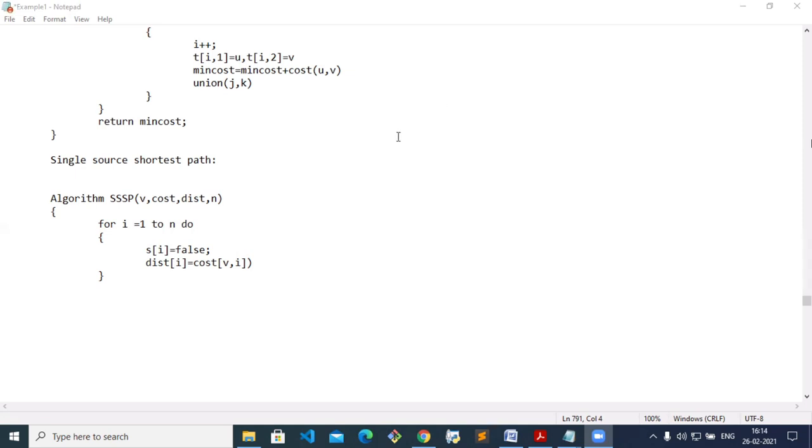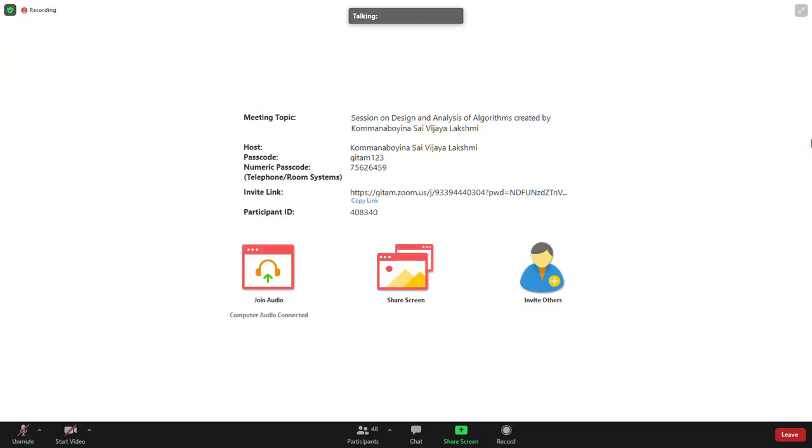Okay then. Next, observe carefully what I'm doing. For num equals 2 to n minus 1 do, for the remaining vertices. The first vertex now I'm making known, and from the second vertex onwards I'm doing this. After this, what will we do in the problem part?